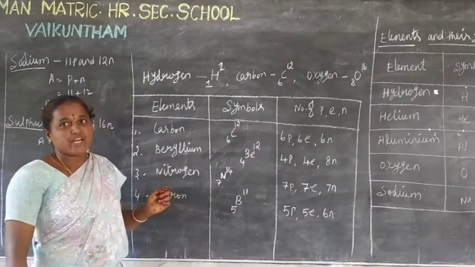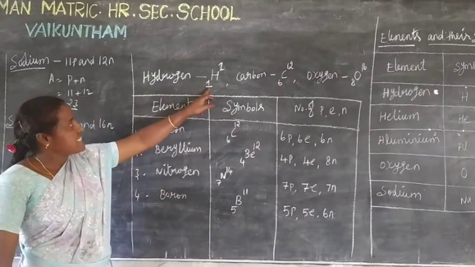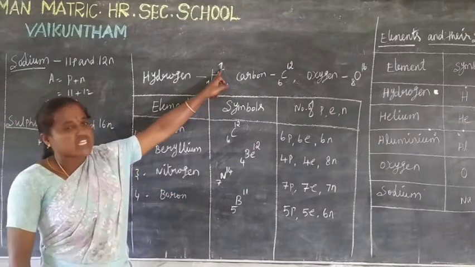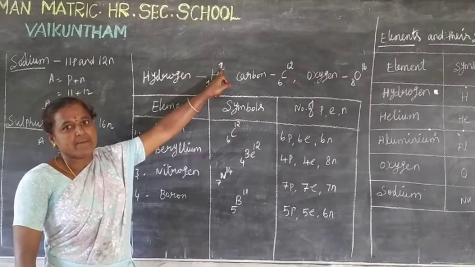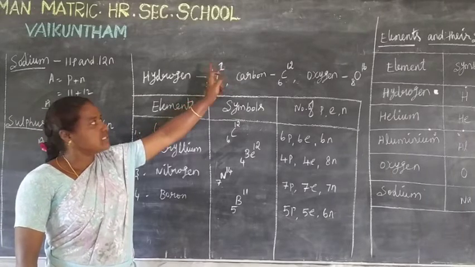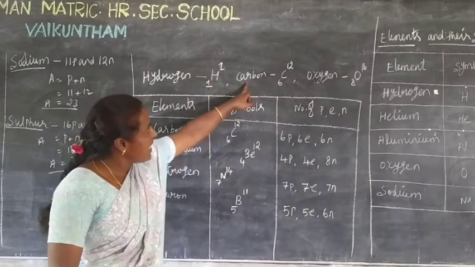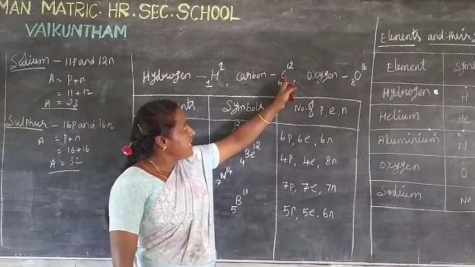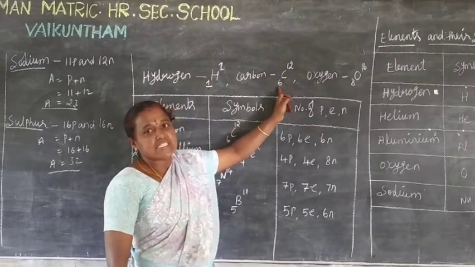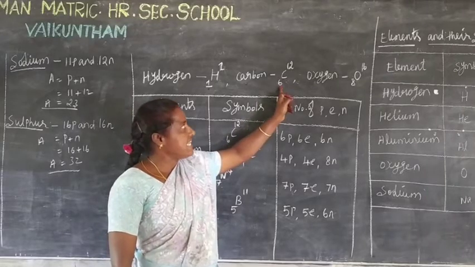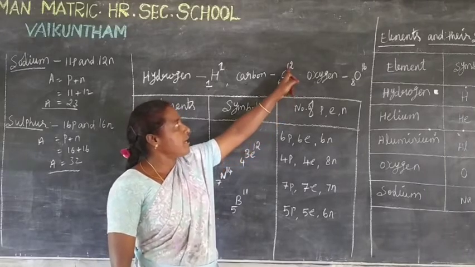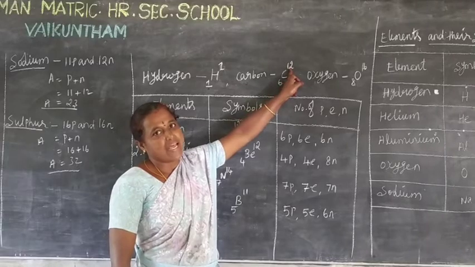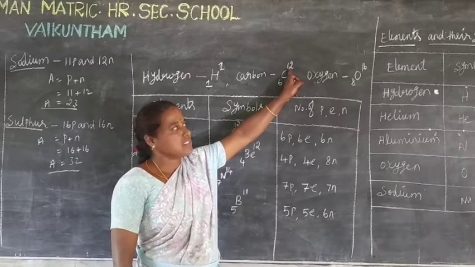In hydrogen atom, subscript 1 is atomic number, superscript 1 is mass number, that is atomic mass. Next, carbon atom, symbol for carbon is C, subscript 6 is atomic number, superscript 12 is mass number or atomic mass.